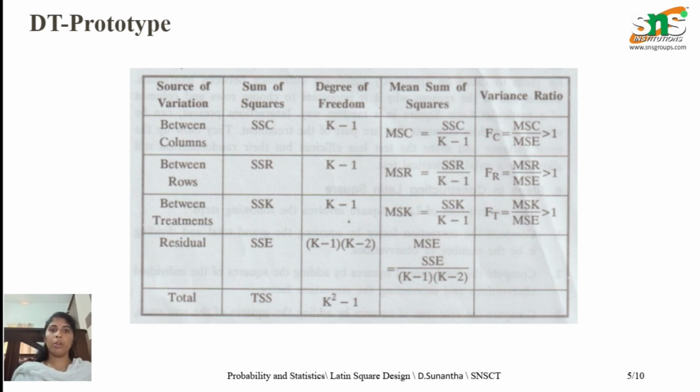The degrees of freedom for error will be k minus 1 times k minus 2, where k stands for the total number of treatments. The mean squares, sums of squares and variance ratio are calculated in a similar manner to the previous methods.